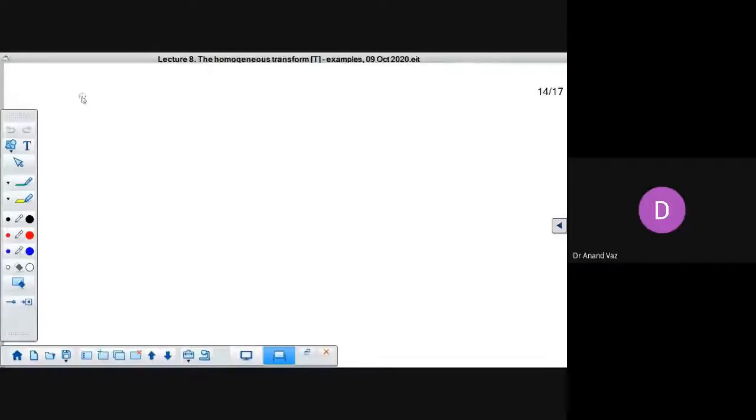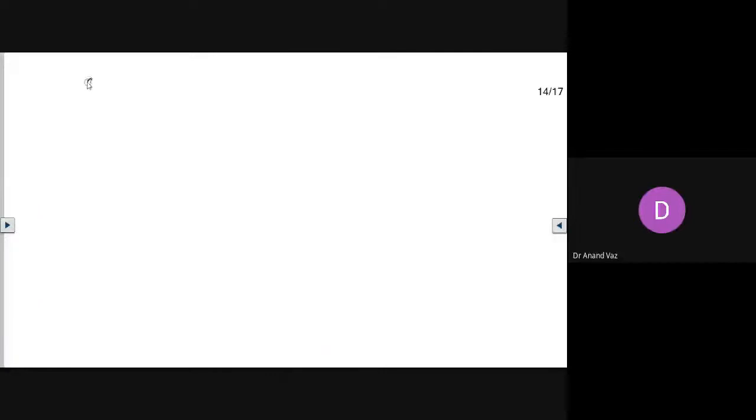Now suppose we have a vector in the 3-dimensional space. Let's say we have the vector A, and it has components Ax, Ay, and Az. We are considering only one frame at the moment. So these are the elements of this vector.